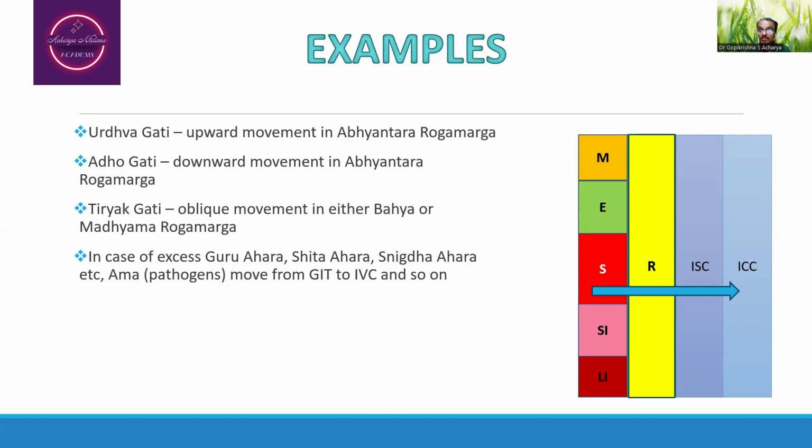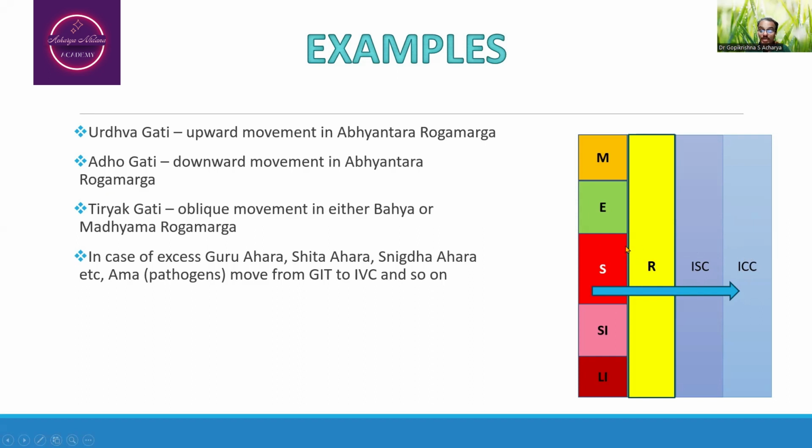Further, the pathogens can enter from the capillaries of the cardiovascular system into the interstitial spaces. That is the interstitial compartment. Depending upon the blood circulation, etc., these pathogens enter from the interstitial compartment to the intracellular compartment.